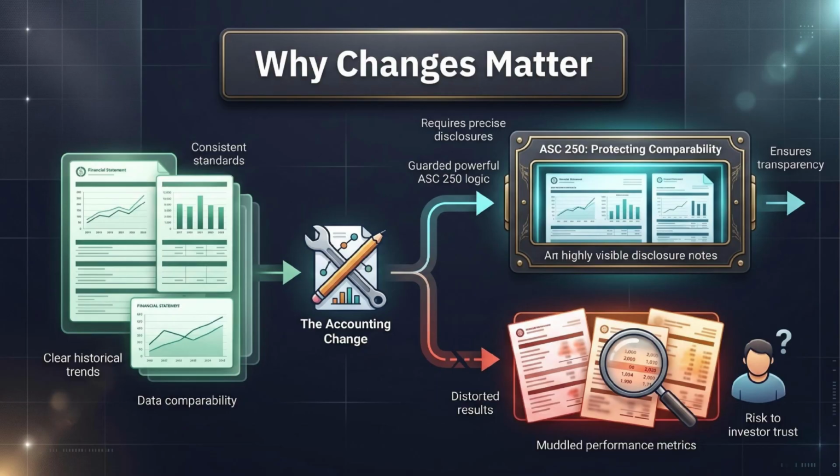Without clear treatment and disclosure, users may think performance improved or declined when really the accounting basis changed. ASC 250 protects comparability. In plain English, it helps users understand whether the story changed because the business changed, because accounting judgment changed, or because the past numbers were wrong.